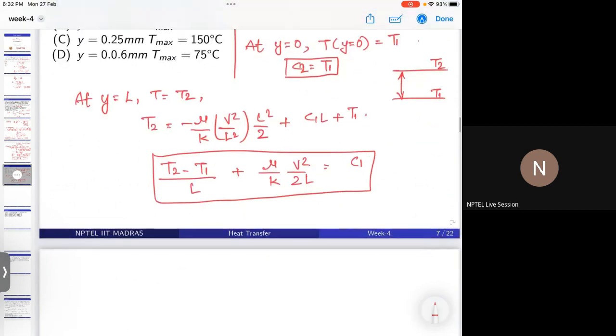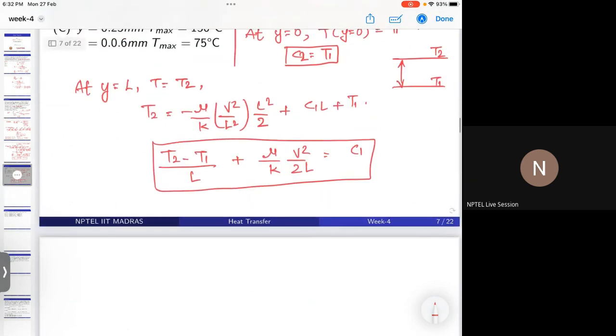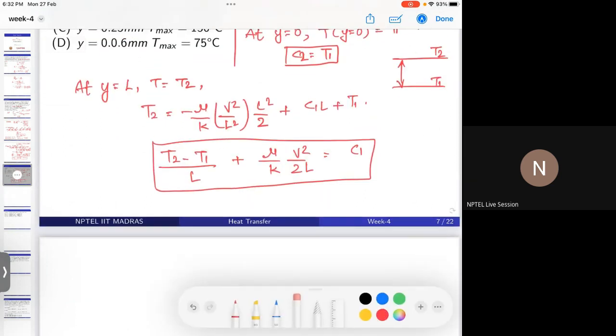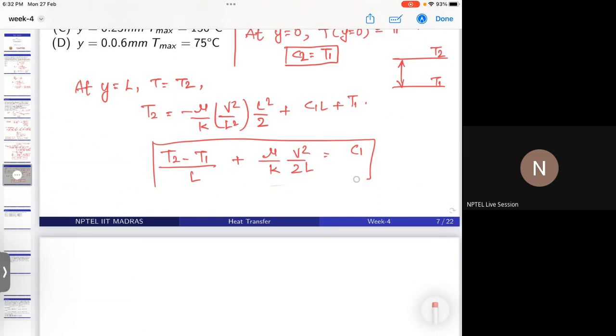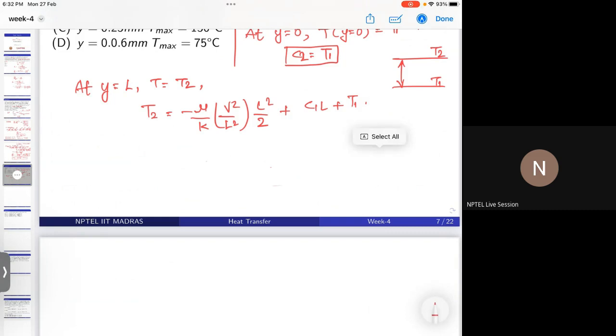This is the value of C1. So C1 is equal to T2 minus T1 by L plus mu by K V square by 2L.